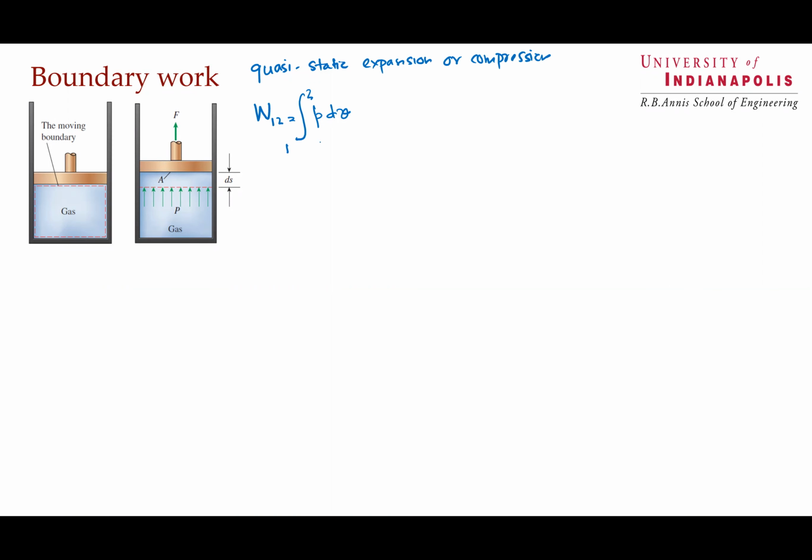Now to compute the boundary work by using this equation, we must know the relationship between P and V for a particular process. The simplest such process is the isobaric process.